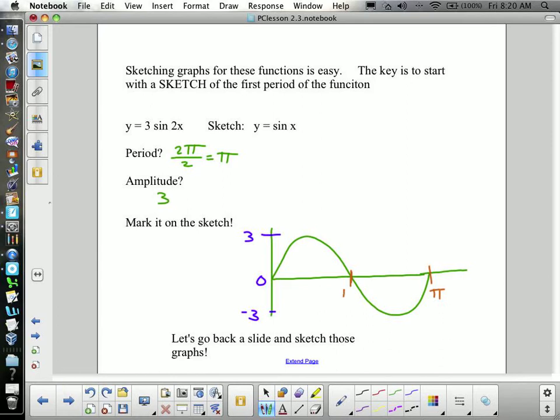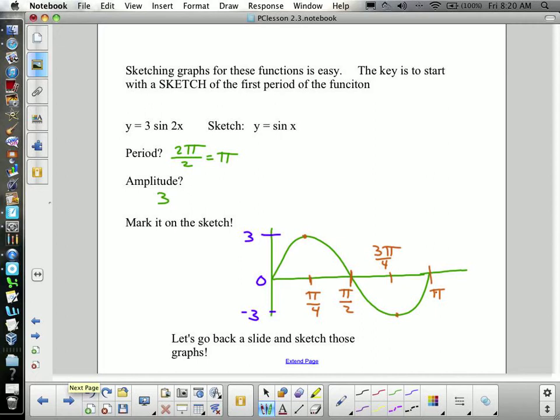Pi over 2. Now we want to get the critical points. We want to get the maxes and the mins. So I want this point, which is halfway between 0 and pi over 2, which would be pi over 4. And this point would have to be, so it's 1/4, 1/2, 3/4, 3 pi over 4, and 1.